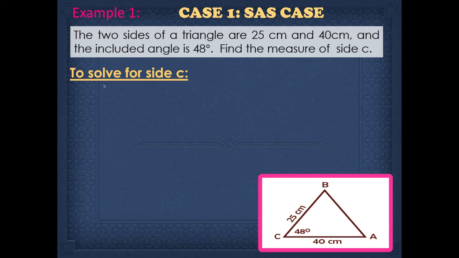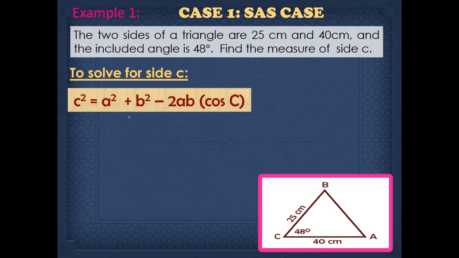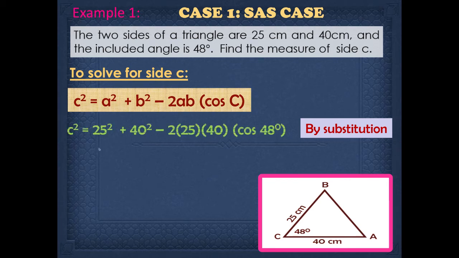Since this example falls under the law of cosines, specifically under case 1, we can use the formula for C squared. C squared equals A squared plus B squared minus 2AB cosine C. By substitution, we replace the given values here.